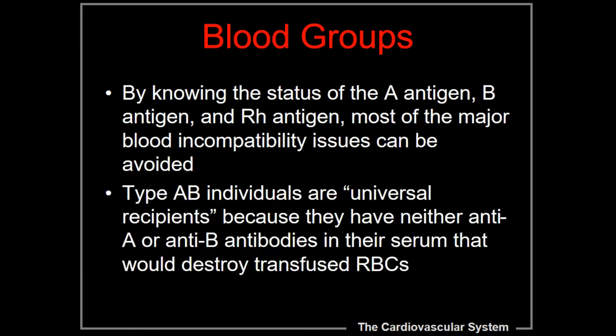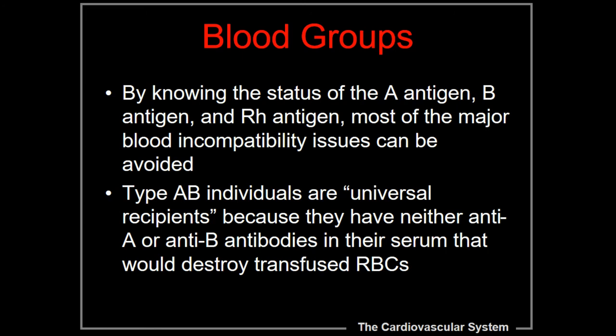By knowing the status of the A antigen, B antigen, and Rh antigen, most of the major blood incompatibility issues can be avoided. Type AB individuals are universal recipients because they have no antibodies against the A, B antigen group. They can receive blood from anyone because they have no antibodies against A or B in their blood.